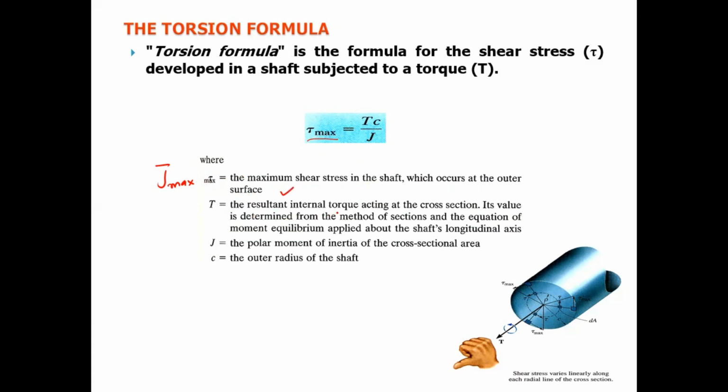T is the resultant internal torque acting at the cross-sectional area. Its value is determined from the method of sections and the equation of moment equilibrium applied about the shaft's longitudinal axis. J is the polar moment of inertia of the cross-sectional area, and C is the outer radius of the shaft.